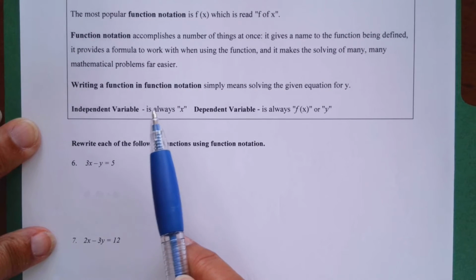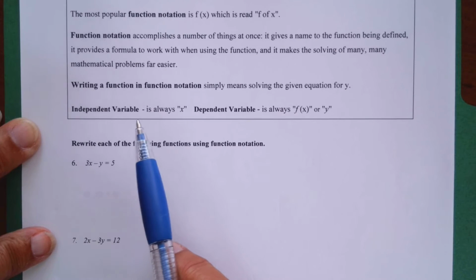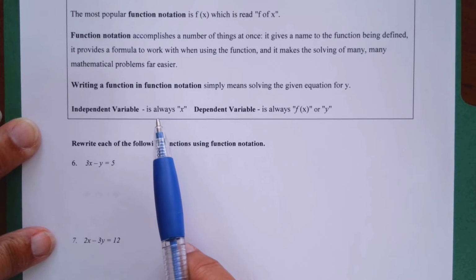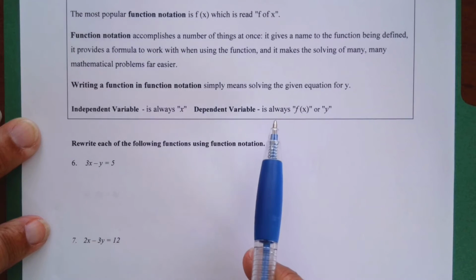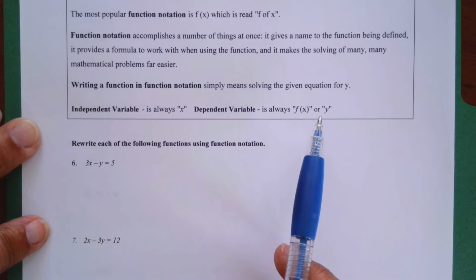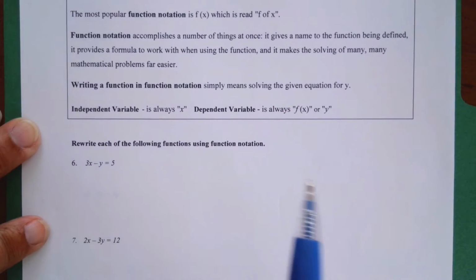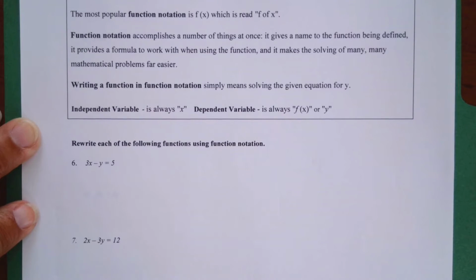So the book is going to give you, or the problem will give you a value for x, so that means it's independent. And then you plug x into the problem, you work it out, and you solve for y. So y will depend on what x is, so that makes y the dependent variable.